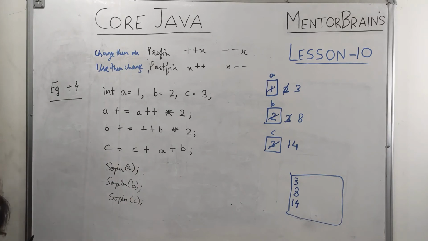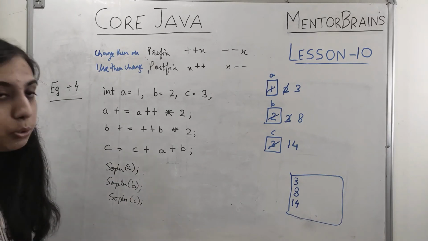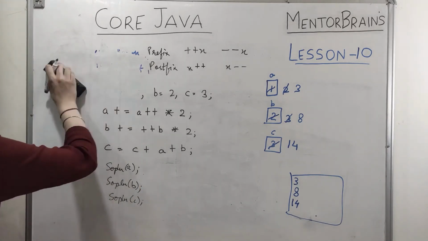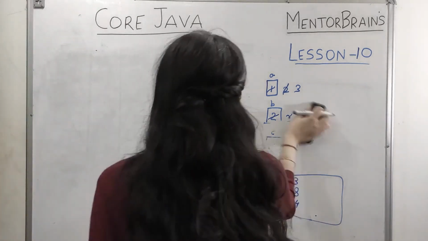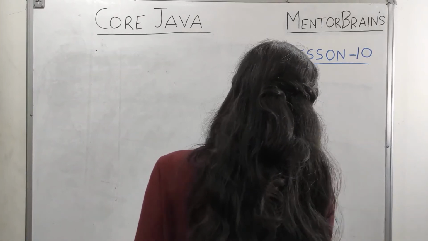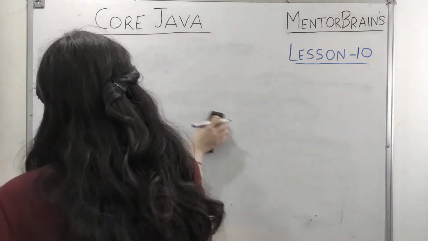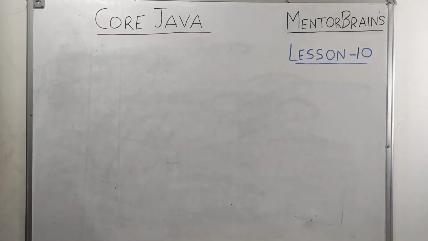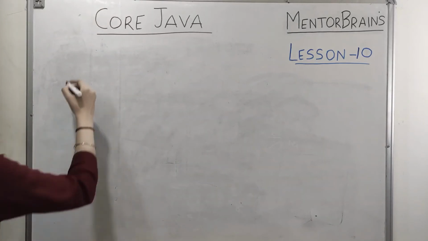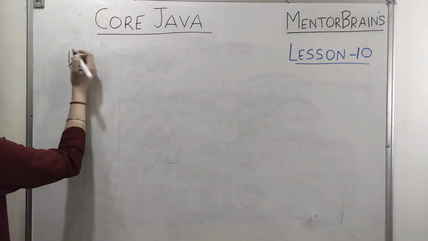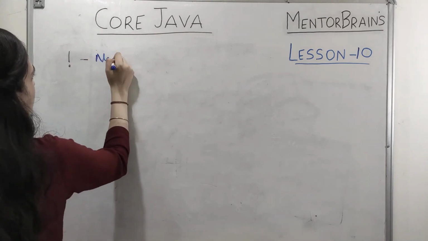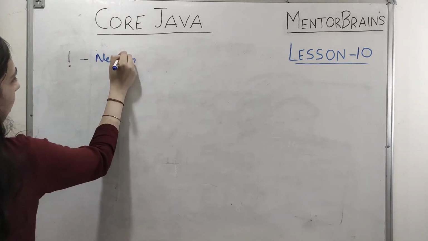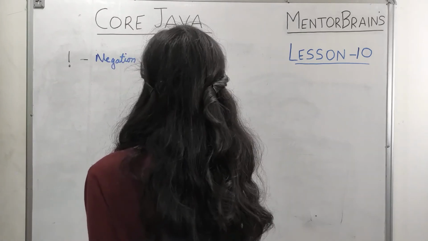We'll go on to the last unary operator, and we'll see what that is. So my last operator is this exclamation mark, which stands for negation operator.